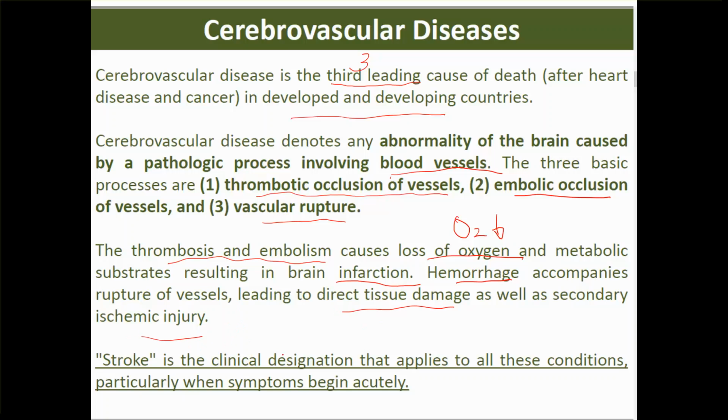Stroke is the clinical designation that applies to all these conditions, particularly when the symptoms begin acutely. So commonly we call it stroke, but it could be any one of them: thrombotic occlusion of the blood vessels, embolic occlusion, or a vascular rupture.